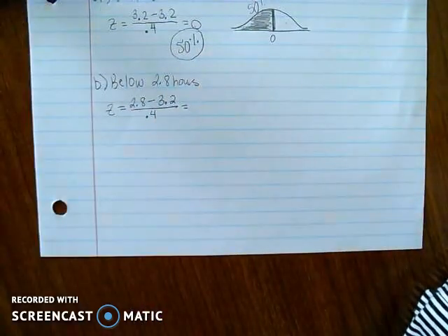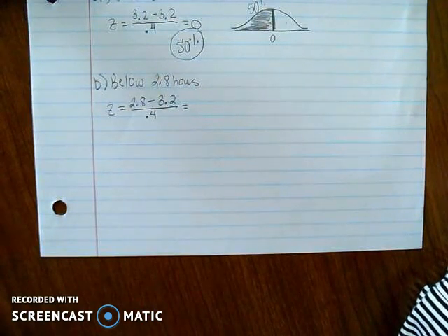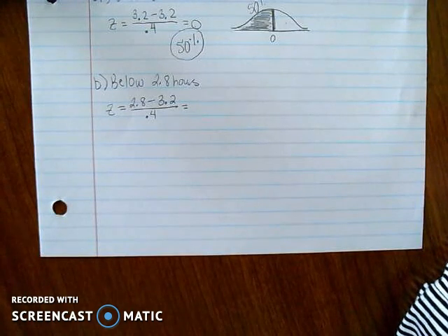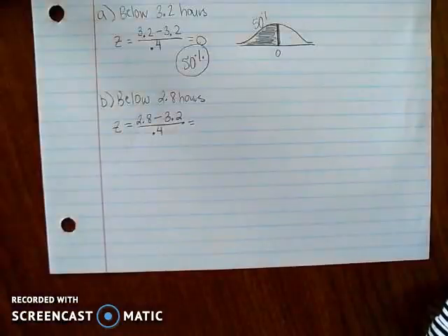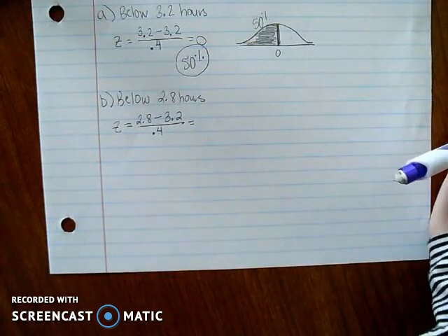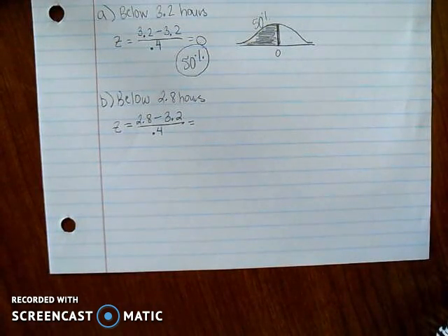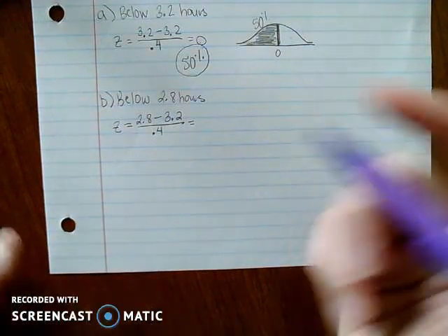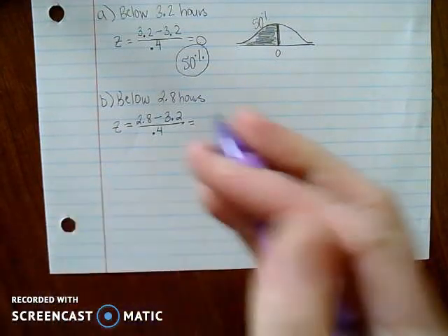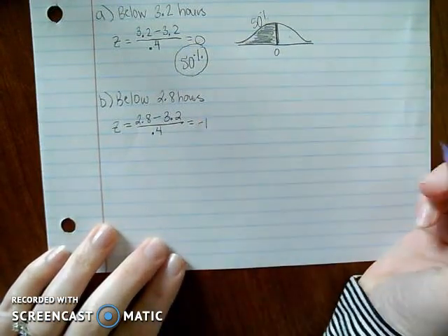If you need to round, you always round to 2 decimal places because that's what it is on the Z chart. Okay, when I say Z chart, I mean this big crazy thing with all the numbers on it. That's called your Z chart. Z values are always rounded to the nearest hundredth, so 2 decimal places. This one you don't have to round. You get -1 when you do that.